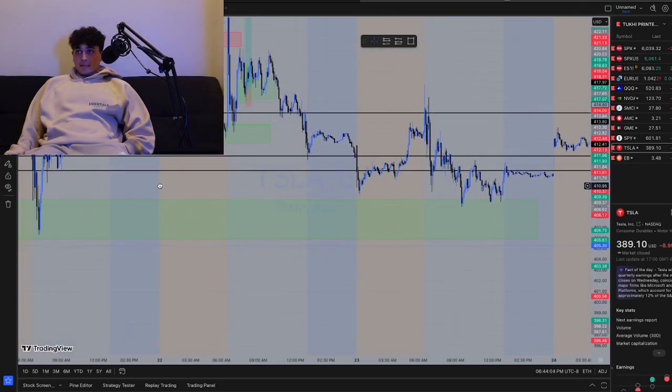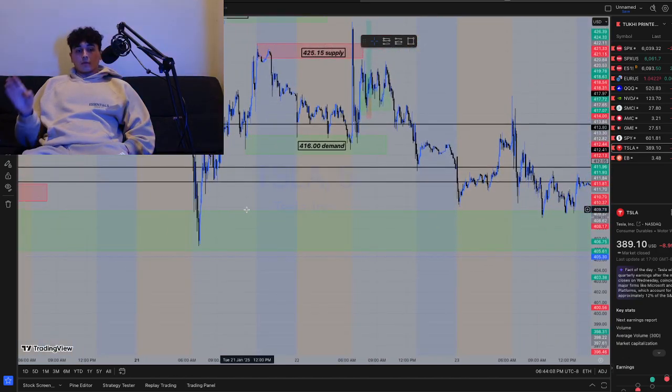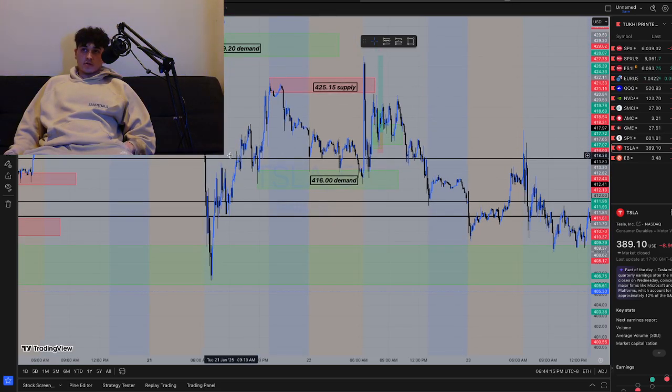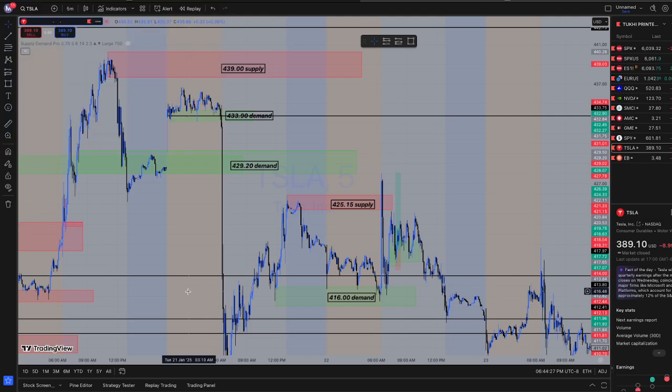Also, keep in mind, the more we tap into a certain supply or demand zone, the weaker it gets, right? Because you always want to look for a rejection into your supply zone or demand zone and then a reversal to kind of get that confirmation that, okay, I've seen a rejection and a reversal from this area.